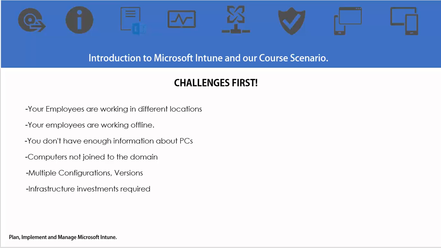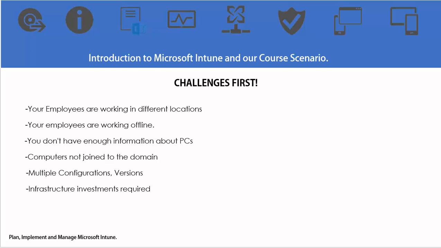Now this is one of the challenges. And then you don't have enough information about PCs. Most of the PCs, if they are in a different location and working offline, you have no idea what kind of device it is. Is it a laptop? Is it a tablet? Is it a phone? If it's a laptop, what kind of laptop is it?